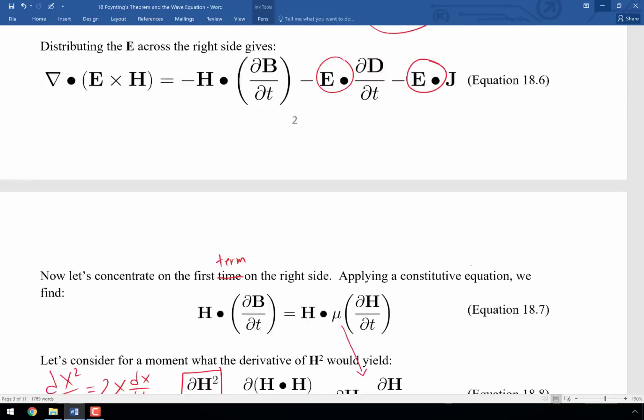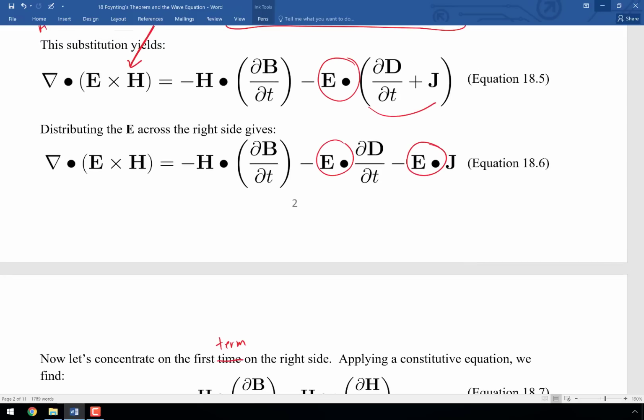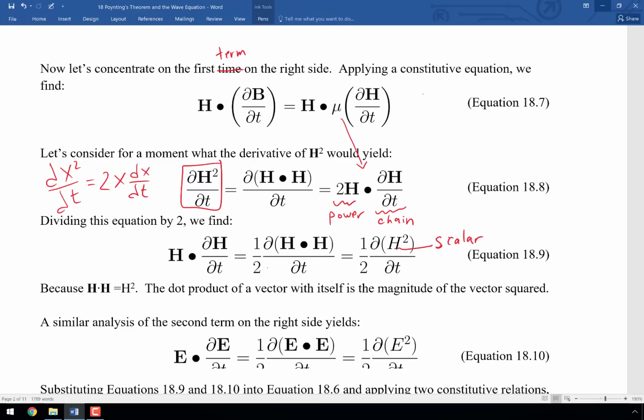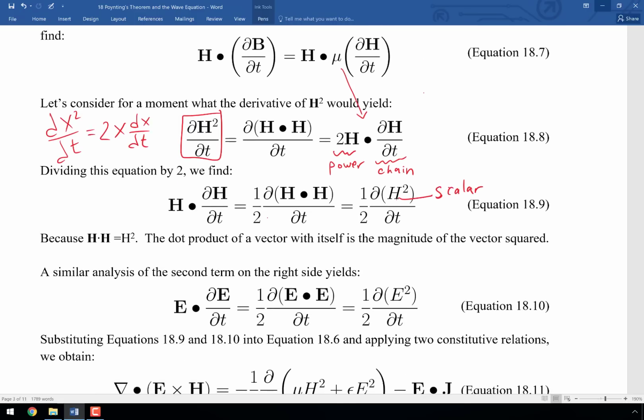So let me come back up here. I had H dotted with dB/dt, and now I'm going to have E dotted with dD/dt. But remember that I could represent D as epsilon times E. So I can do a similar analysis for E, and I end up with a similar term.